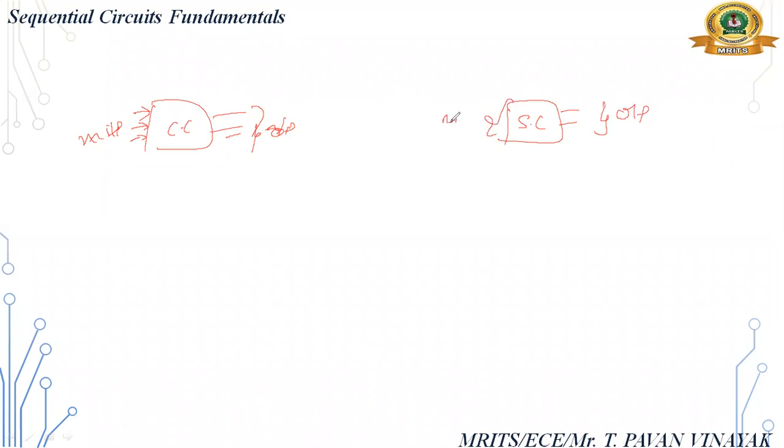So what is the difference between combinational and sequential circuits then? Both are digital circuits only.